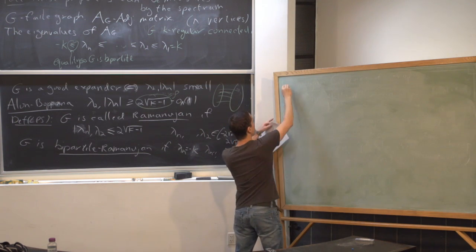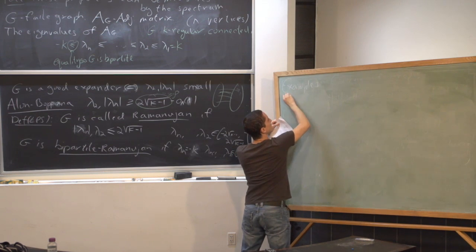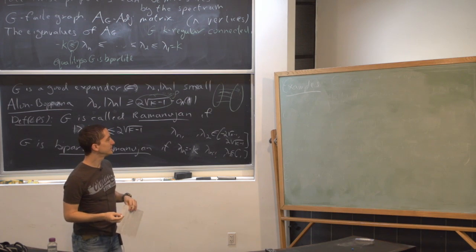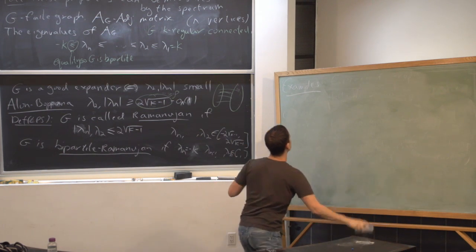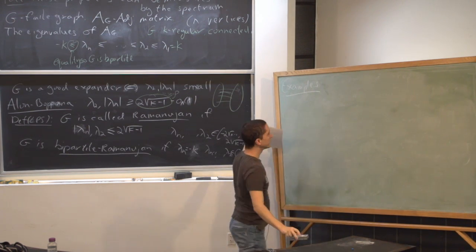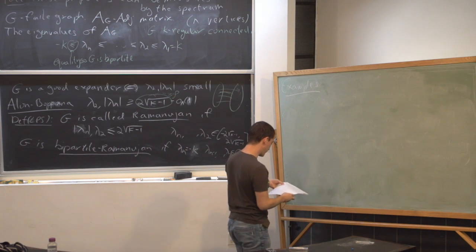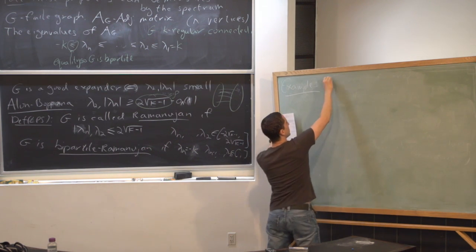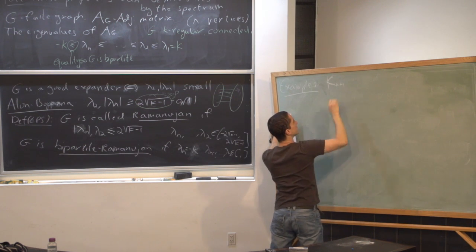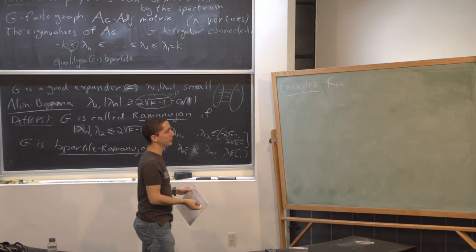Okay, so let's look at some examples for k-regular Ramanujan graphs. First, the complete graph on k plus 1 vertices.